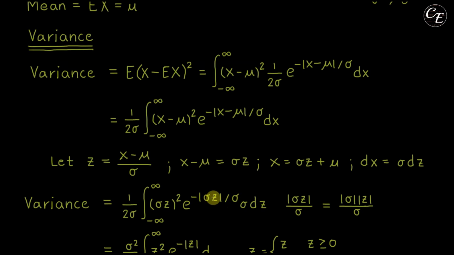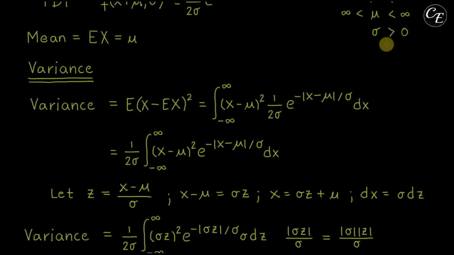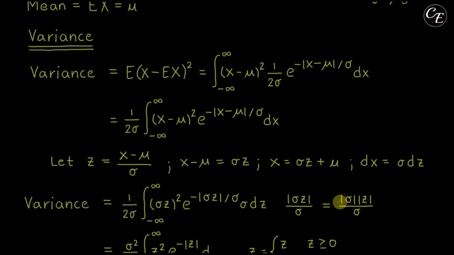Then for this one, the absolute value of sigma z over sigma is rewritten in here. This absolute value of sigma z can be rewritten also as the absolute value of sigma times the absolute value of z. And since sigma is always greater than 0, we can remove this absolute value sign, since it is always positive anyway. Then we can cancel out the sigma and sigma, so we'll have the absolute value of z, which we can use for this one.